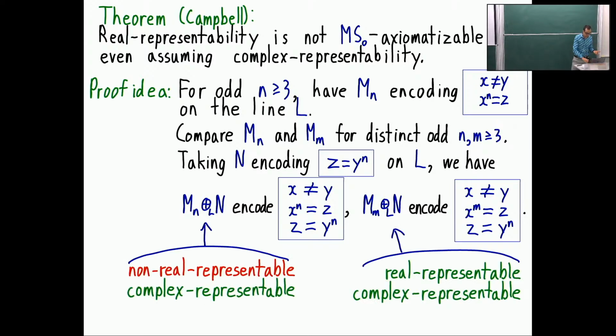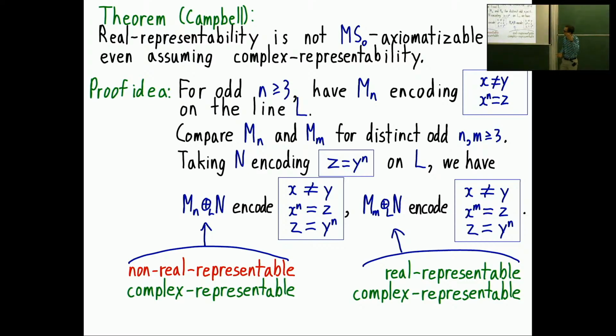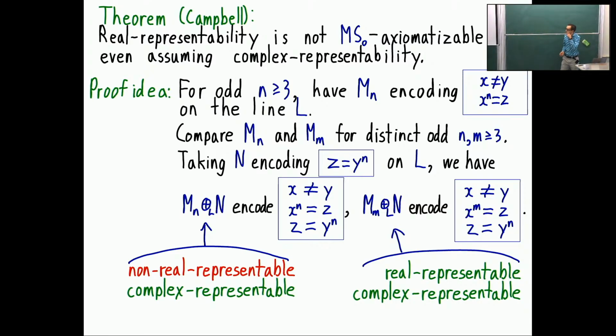But the former is only possible over complex numbers. So the former is complex representable, but not real representable, while the latter is both real and complex. So the key idea here is that for odd n, z only has one nth root.